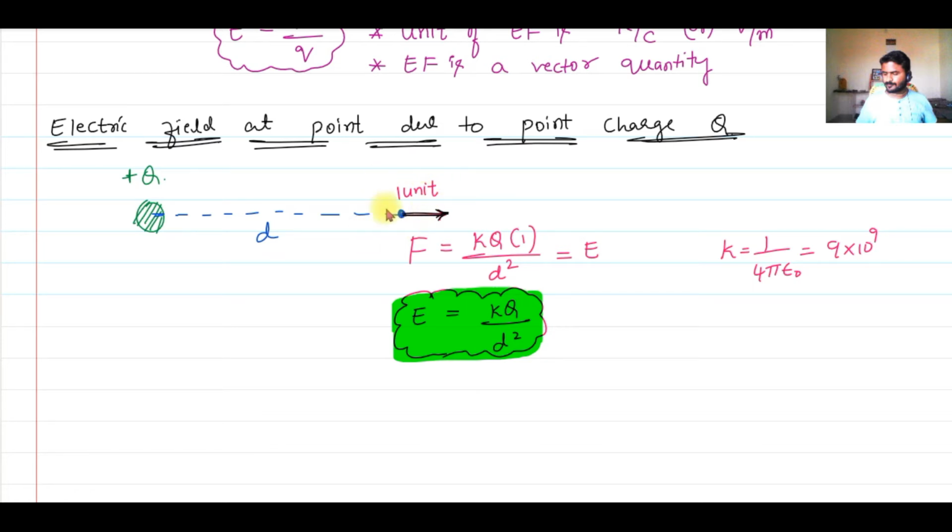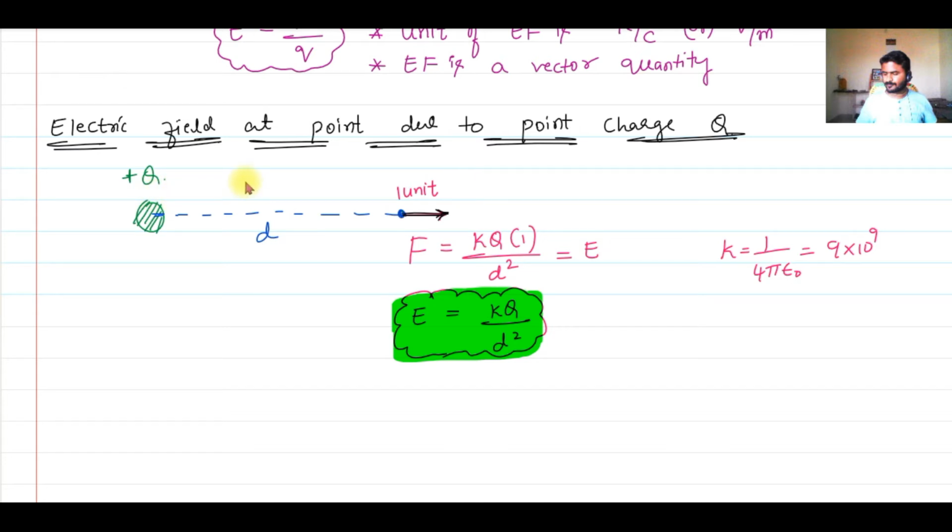Suppose instead of plus Q, if I had minus Q here, then this 1 unit positive charge would get attracted, because it is a negative charge and this is a positive charge. So a positive 1 unit charge will get attracted towards a negative charge.